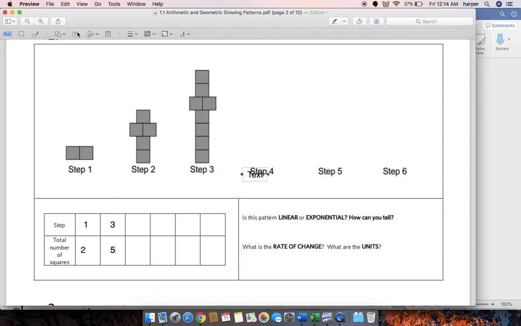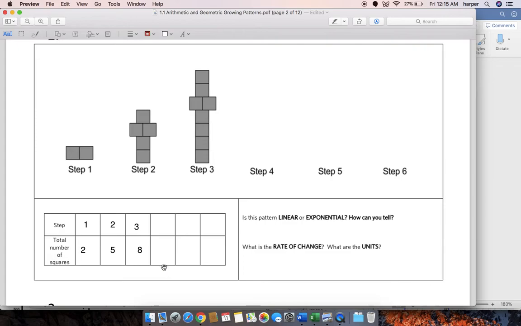And in step 3, oh, did anyone catch this? No one caught this. What are you guys doing? In step 3, we had, let's see, 2, 3, 4, 5, 6, 7, 8. We had 8. Perfect.